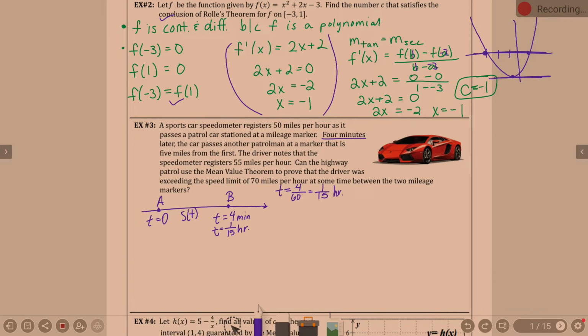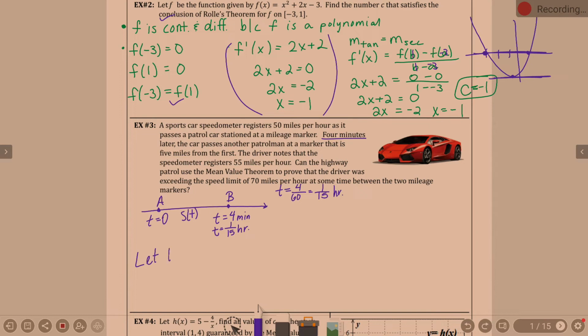Okay, with this idea, T is going to be the elapsed time in hours after the car passes the first patrol car. S of T is the distance, the miles from the first marker at time T. I think with this being the first time we're doing this, I will write it down.